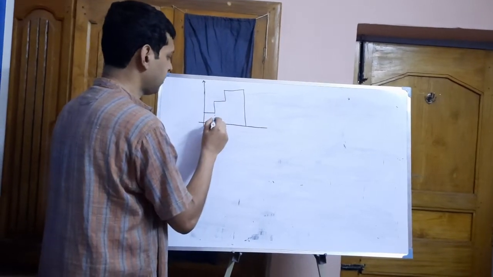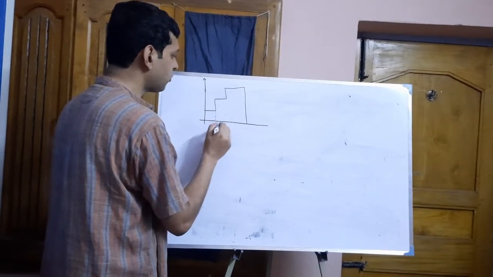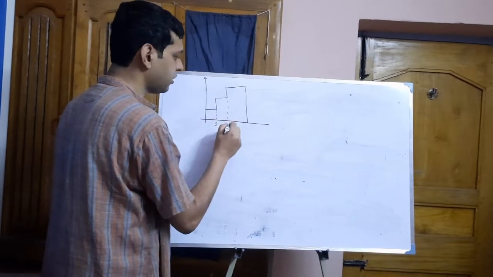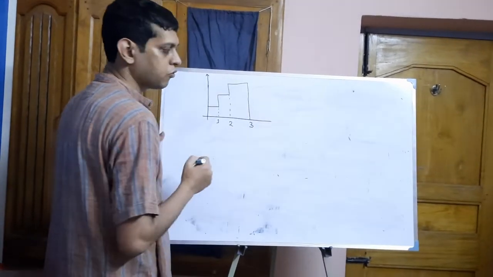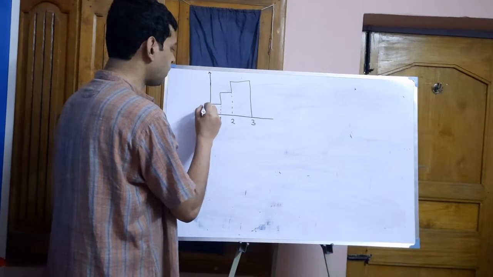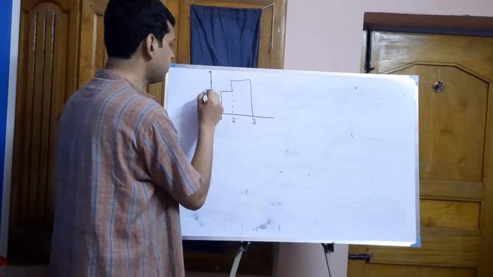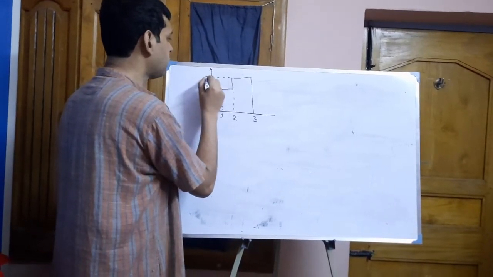This one is at t equal to 1, this is at t equal to 2, and this is t equal to 3. This is say 1, this is say 3, this is say 5.